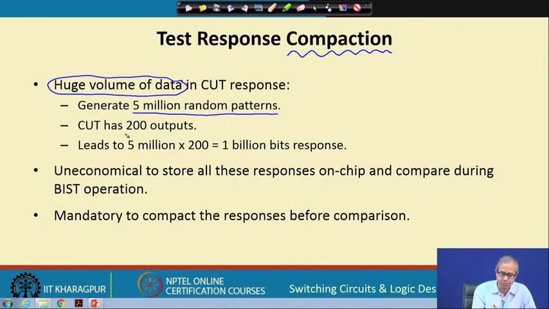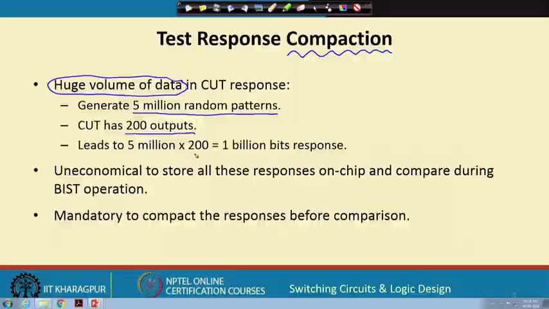The circuit can have 200 outputs, which is pretty common in modern day circuits. So, how many bits of data is generated? Number of test patterns multiplied by number of outputs. So, it will be 5 million multiplied by 200. This translates to 1 billion bits.